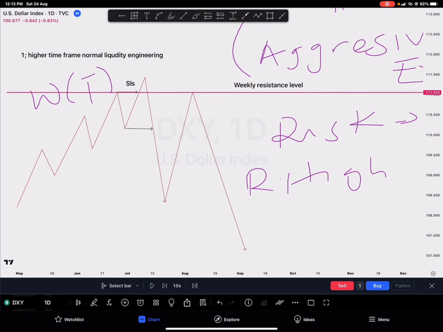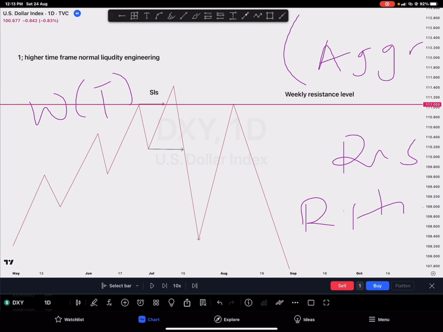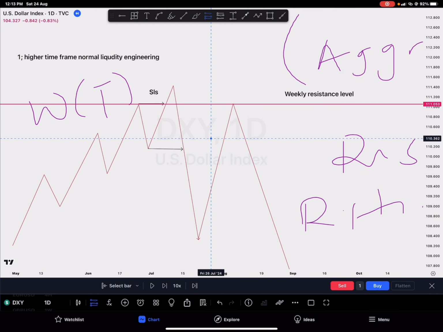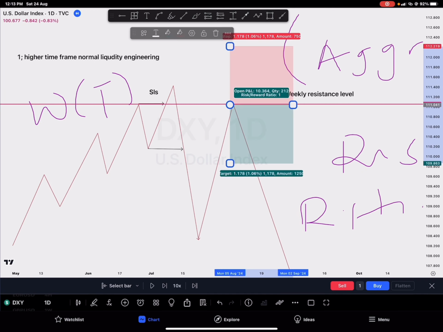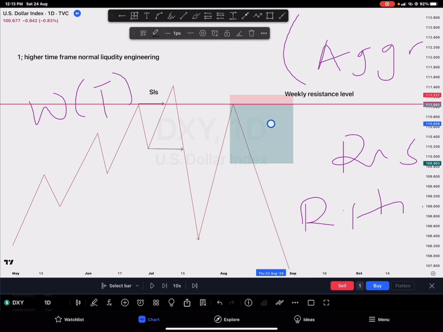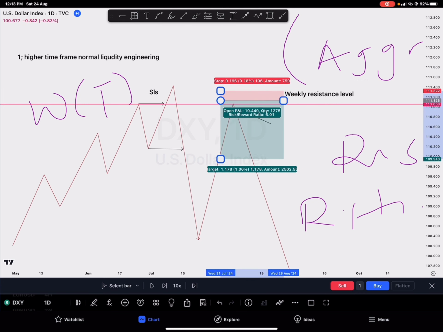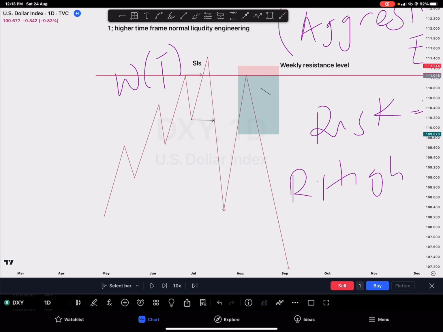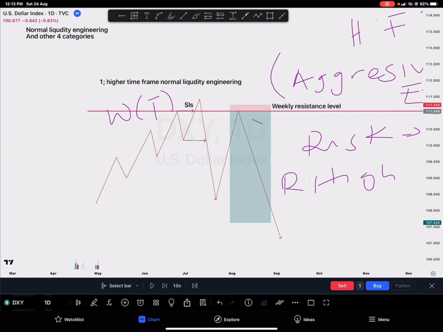But where are we going to place our stop losses if we have a high time frame normal liquidity like the weekly? If we enter aggressively from this level here, where are we going to put our stop loss?